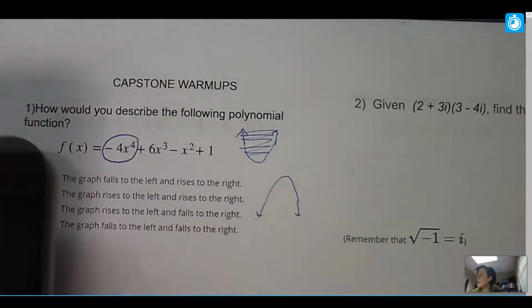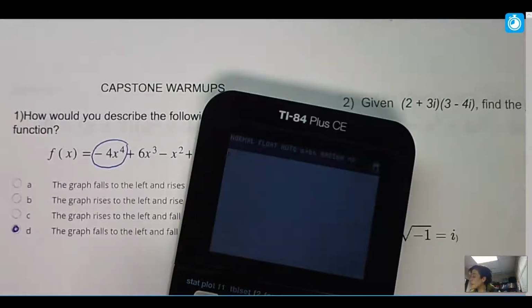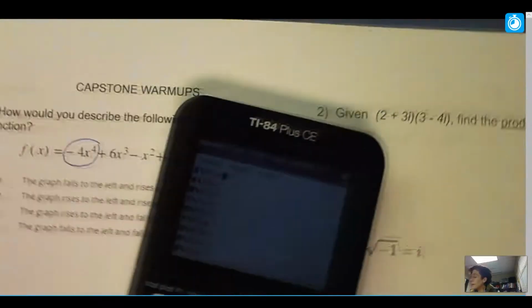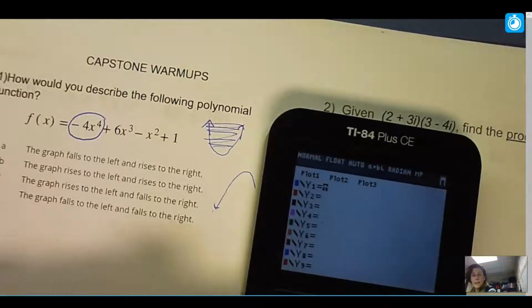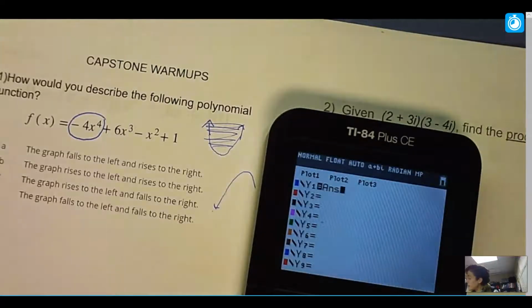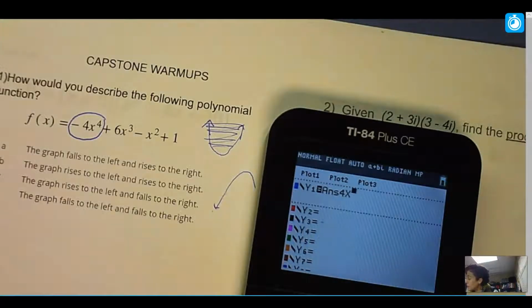Now, if you didn't remember this, you do have the option of going to the y equals button on your calculator, typing it in, and going from there. So let me brighten this up a little bit. You could just type it in, and you could do this on Desmos as well.